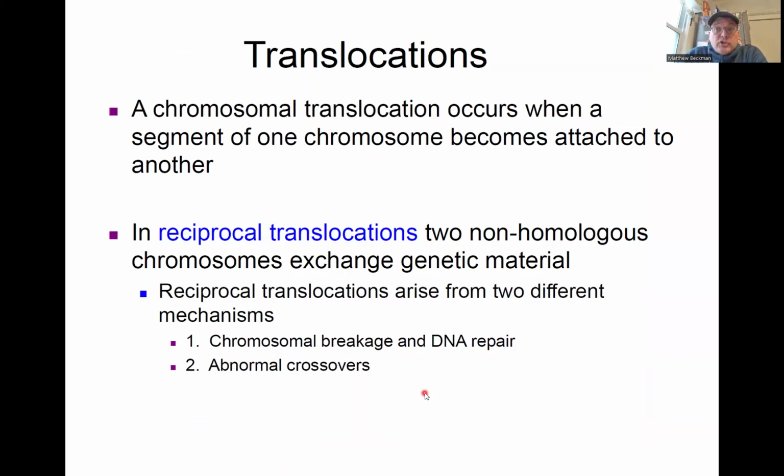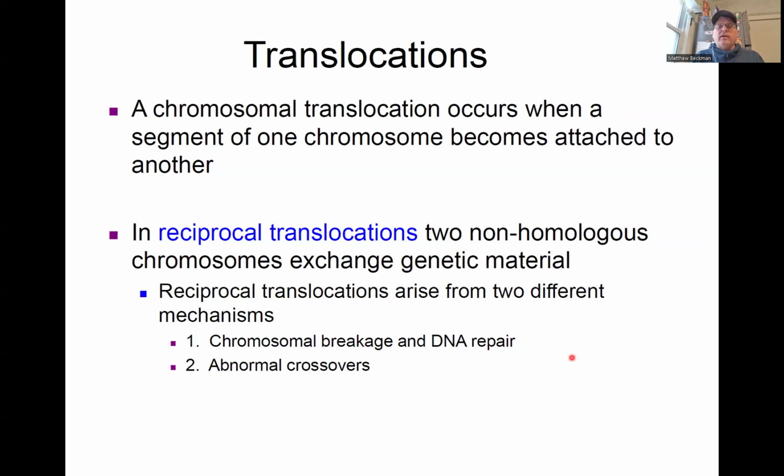We're going to end this section on how chromosomes get messed up by talking about translocations. A chromosomal translocation occurs when a segment of one chromosome becomes attached to another. Sometimes it's reciprocal, where each chromosome will give the other a bit of itself. Okay, but in all of these, it still requires that there are breaks of the DNA, that kind of strand invasion we talked about, some branch migration.